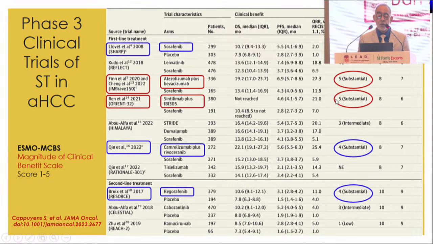The others, including the original SHARP trial, a trial using camrelizumab with rivoceranib, the new combination of PD-1 and anti-VEGFR, as well as the RESORCE trial, which is regorafenib, have shown substantial benefit, while the other systemic therapies show lesser benefit.